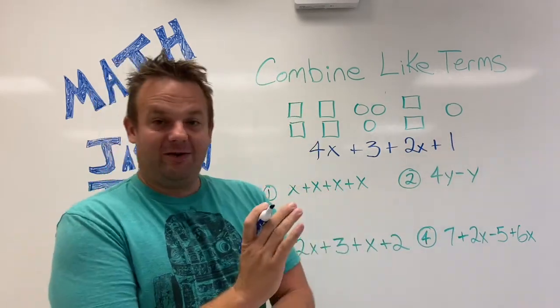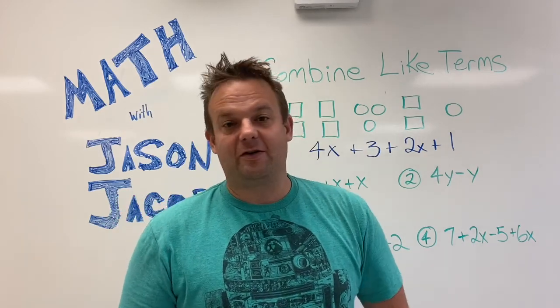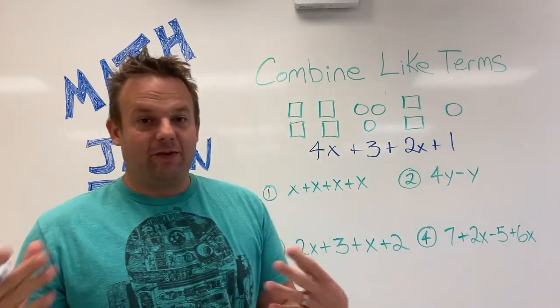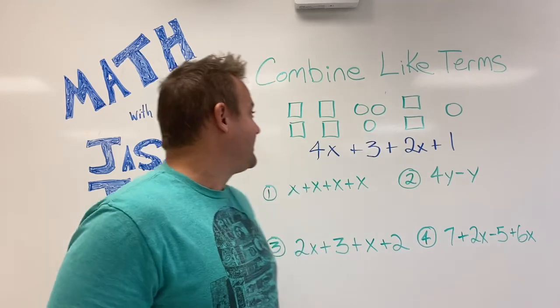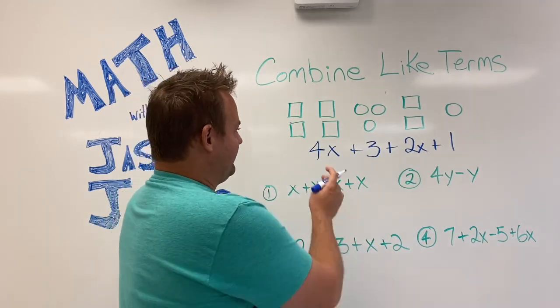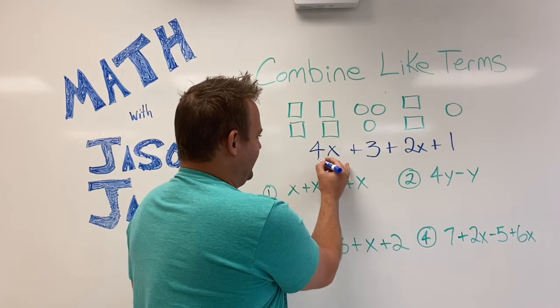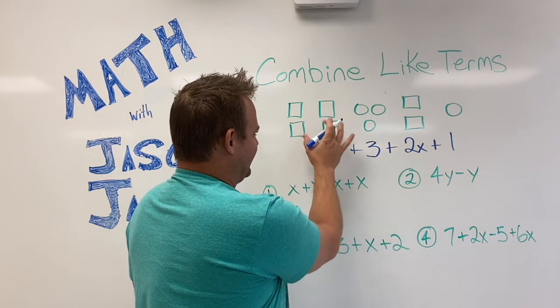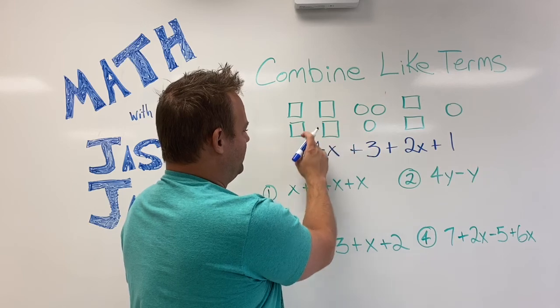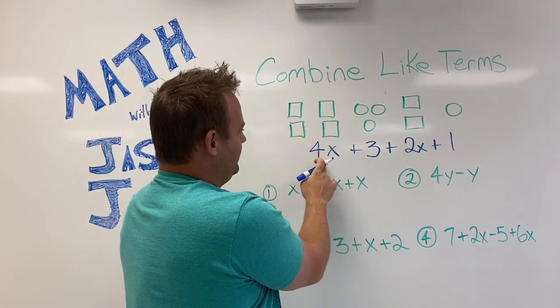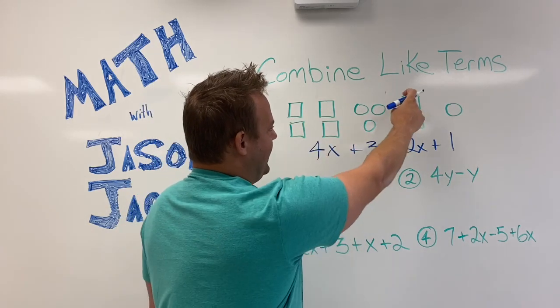So now it'll say on your worksheets or whatever you're doing, combine like terms or simplify each algebraic expression. So in order to do that, you have to know, okay, well, how do I simplify that? What do I do? Well, what I like to do is model it with these pictures. So there are 4 x's and 2 x's.